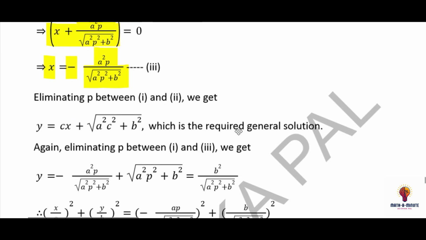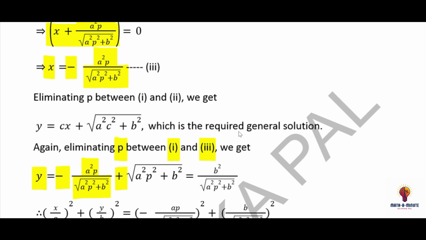Now if I want to eliminate p from 1 and 3, it will give us y equals minus a²p divided by this, plus the value of this, a²p² plus b². If you simplify this, it will be b² divided by the square root of a²p² plus b².